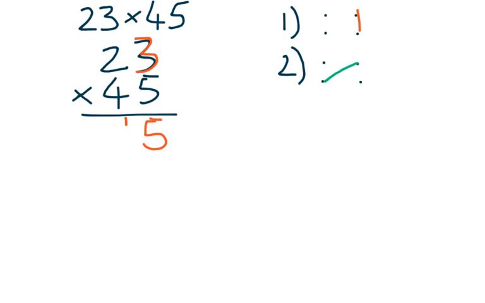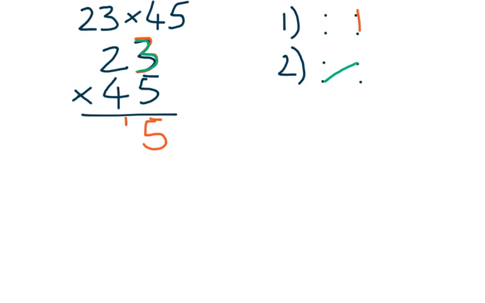So we're going to be multiplying the 3 and the 4, these 2. So the 3 times the 4, 3 4s are 12, but we've obviously got this chap here that we can't forget, our 1 that we regrouped. So we do 3 times 4 plus 1.